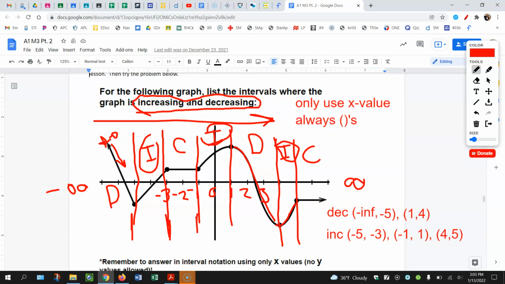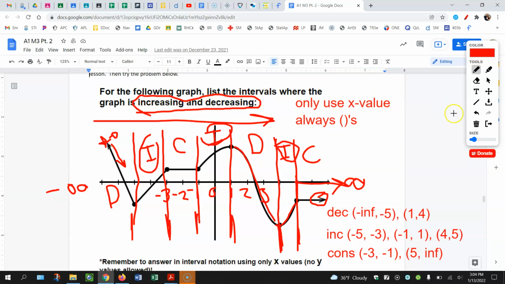And then the last one, constant. This is going to be constant from -3 to -1, and again from 5 to infinity. It just keeps going to the right, as you can see by the arrow here. From x equals 5, it just keeps going 6, 7, 8, 9, 10 through infinity.